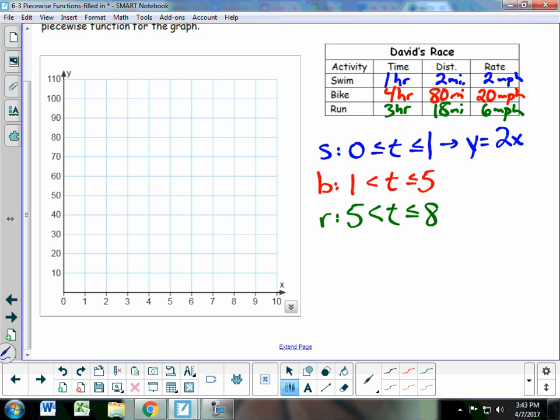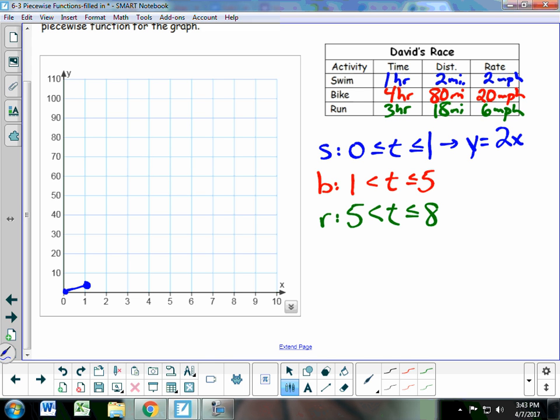So starting at 0, and then he has a slope of 2 up until he gets to 1 hour. So that means he's only going to increase up to 2 right about here, and it is a closed circle.